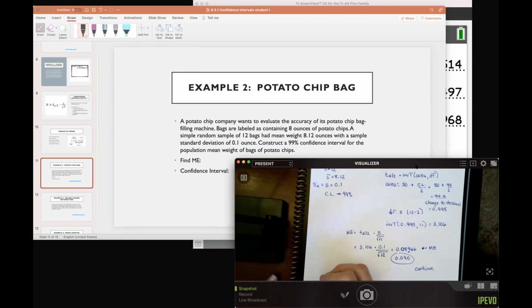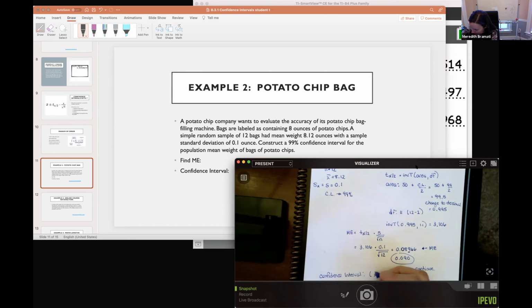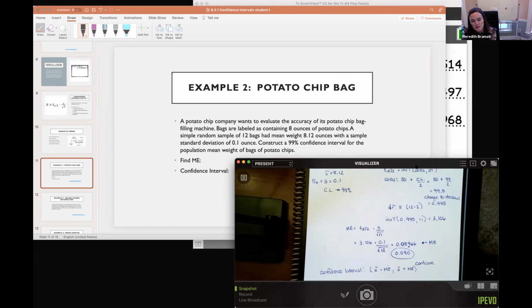Okay. And I would find the confidence interval, which is our mean minus our margin of error and our mean plus our margin of error. What was our sample mean from this problem? 8.12.